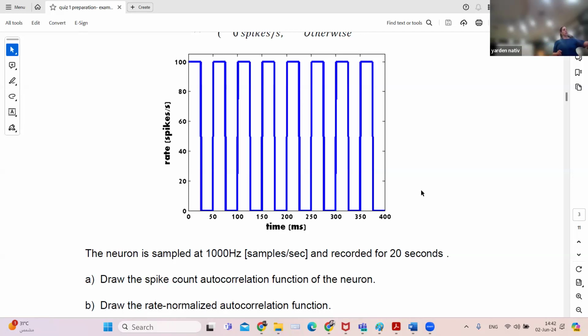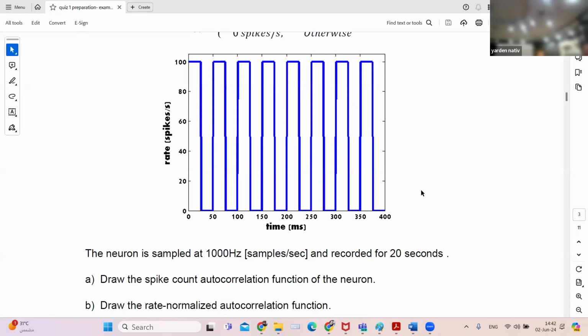Yes, it's an autocorrelation for spike count. Think about it again.